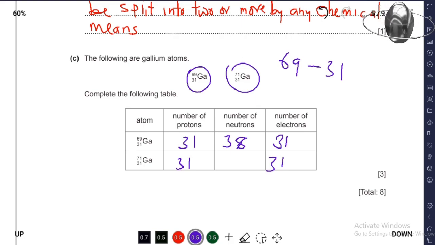For this one, it will be 71 minus 31, which is going to be 40. So from here we even understand that these two atoms are isotopes of each other. That is very, very important. So the concept you need to understand is just a matter of knowing what changes. Electron number changes, proton number will never change. Okay.